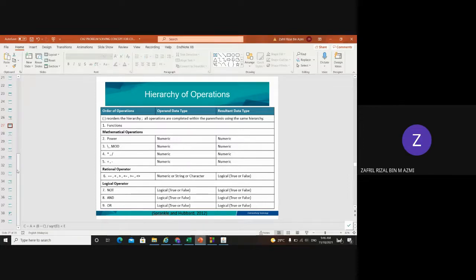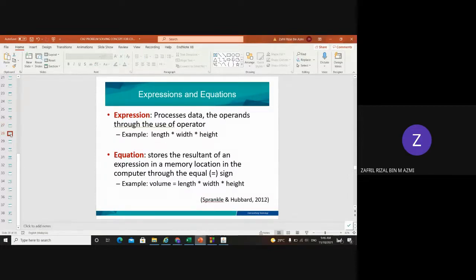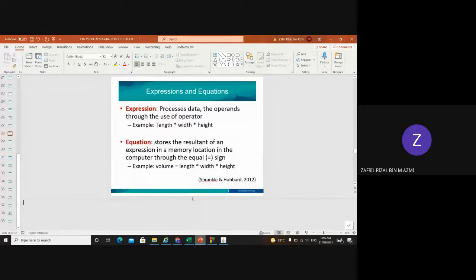Okay, the time is almost up, so I'm going to move faster. And then expression and equation. Simply put, an expression is an equation without equal. If you have something like A plus B, the value is added, but it is not stored anywhere in the program.